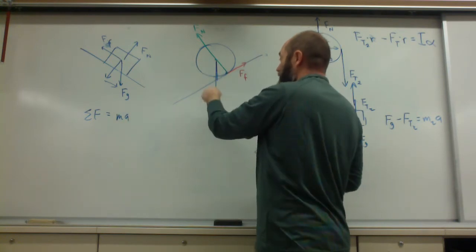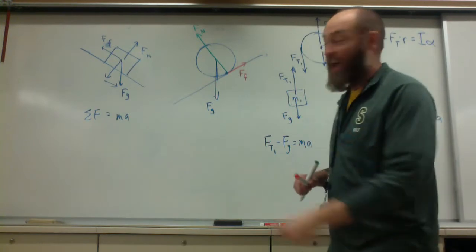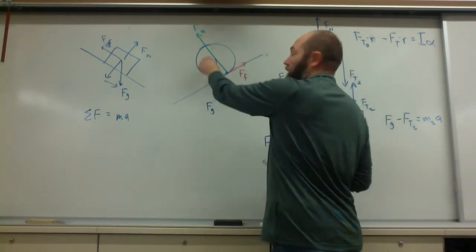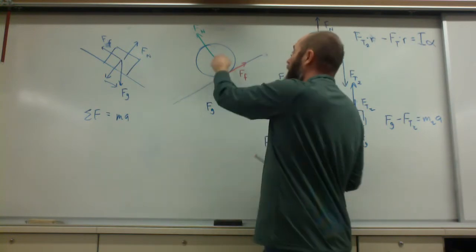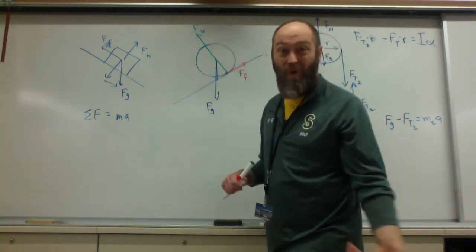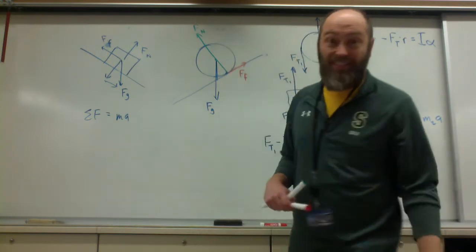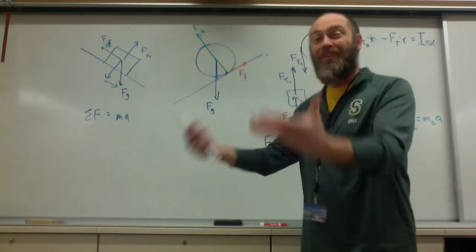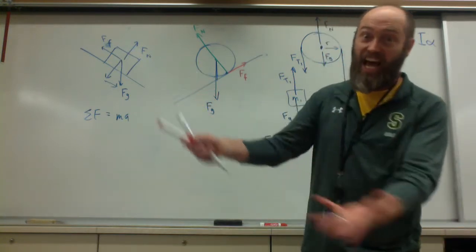In this problem, Fg does not apply a torque. Why? Because there's no lever arm. Fn does not apply a torque. Why? Because it's not perpendicular to the lever arm. So Ff is the only thing supplying a torque. So if you want something to roll down an incline, you better have friction. If you don't have friction, it's not going to roll. It's going to slide.